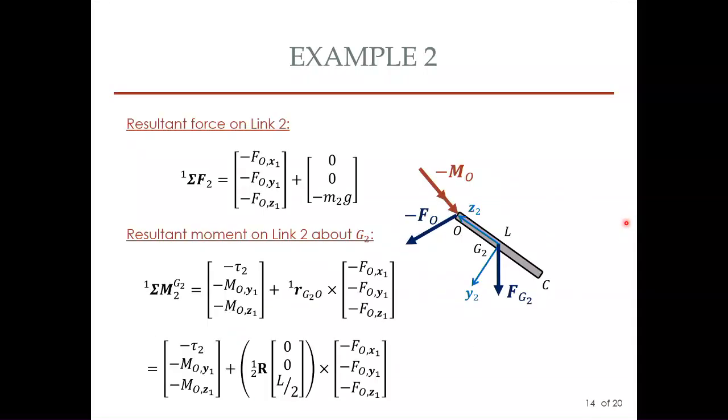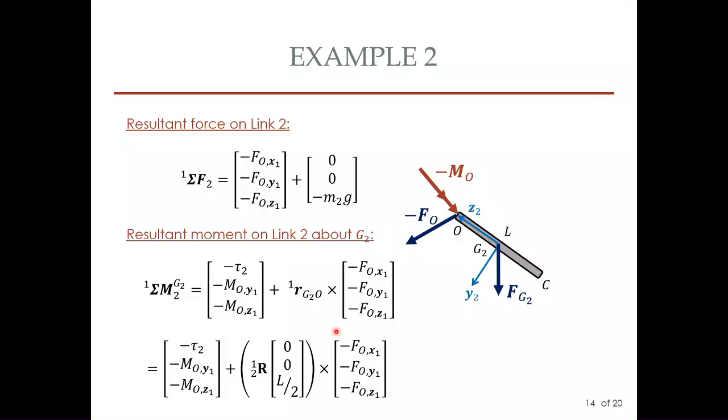So let me jump through this. Did you understand how to do these summations of vectors to get the resultant force and the resultant moment for each link? Is that clear? No? Okay, someone asked me, why am I doing R cross F?